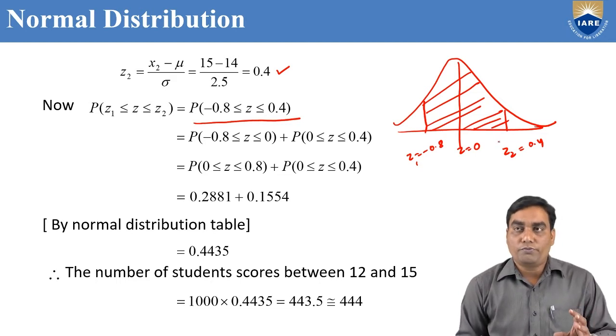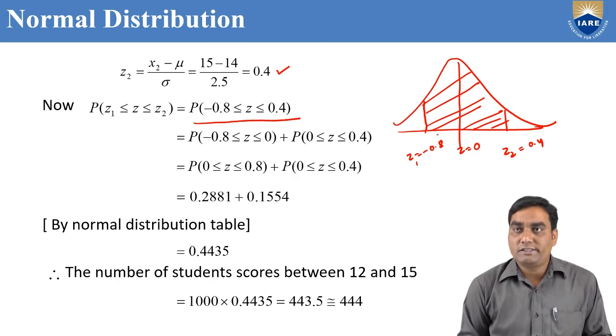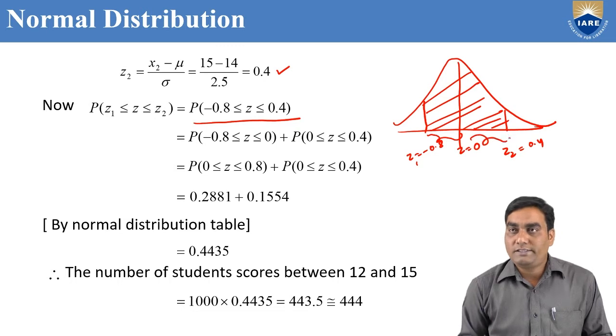How to formulate the formula according to the zero line? From minus 0.8 to 0 plus 0 to 0.4. So we can create the formula according to the normal curve by using the baseline z equal to 0.